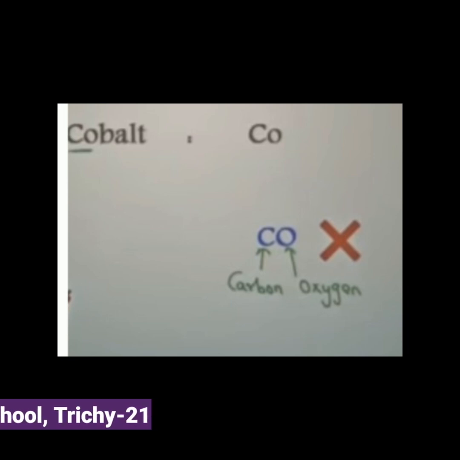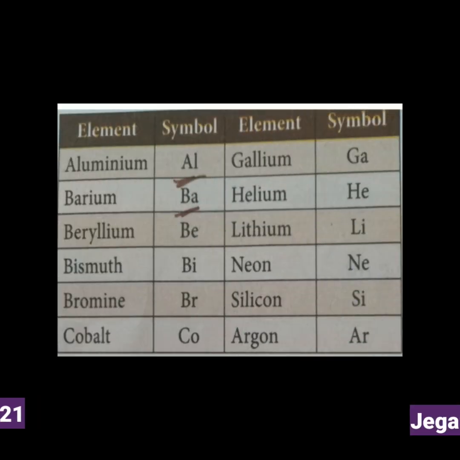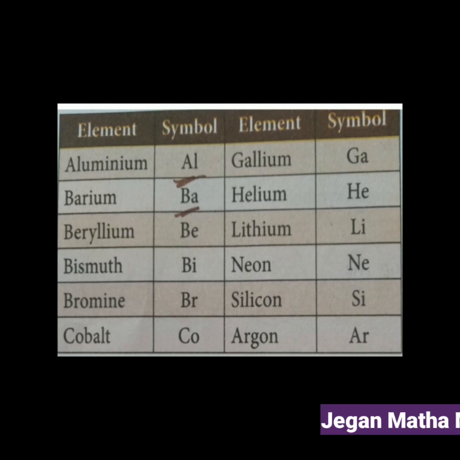For example, cobalt Co, first letter capital C and second letter o in small letter. Other examples: aluminium, capital A and small l. Barium, capital B and small a. Beryllium, capital B, small e, and so on.